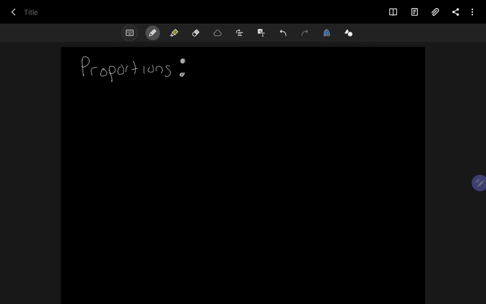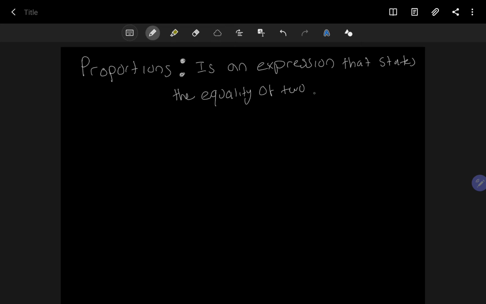Okay, and so what a proportion says, it's an expression that states the equality of two ratios.